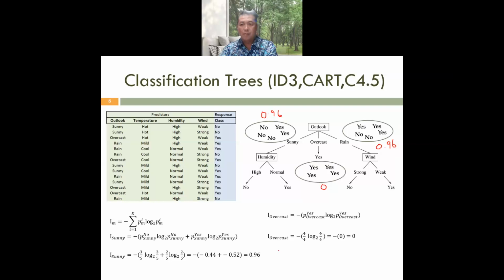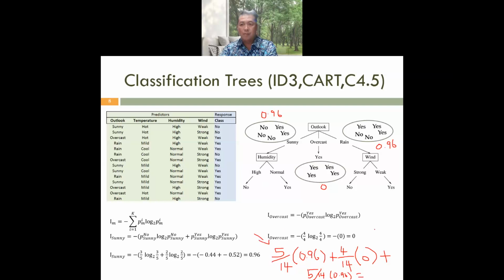The weightage for this one is 5 divided by the number of elements we have, which is 14, times 0.96, and then plus 4 over 14, because we only have 4 items here, times 0, and then plus 5 also divided by 14 times 0.96. So this is the total entropy for that. This is what we call the weightage.